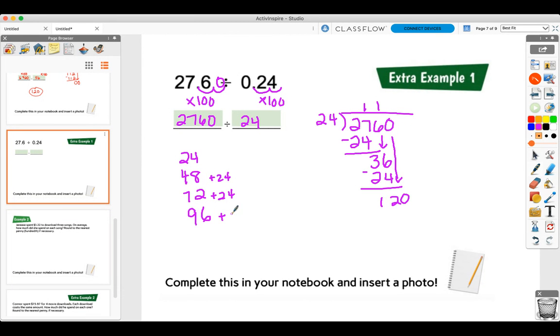Plus another 24 gives you 120. So this is going to be 1, 2, 3, 4, 5. So 24 times 5 is 120. And that's 0. So your answer is going to be 115.